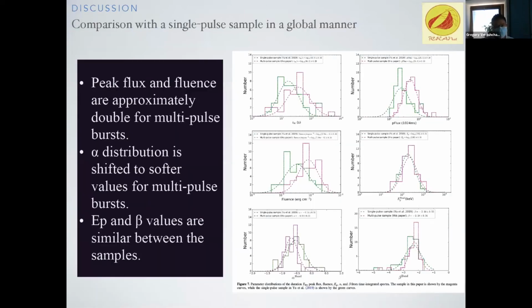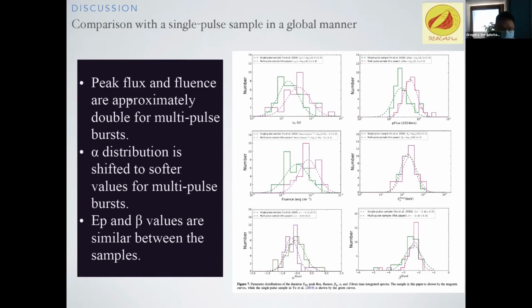So there is a quite interesting question: how do multiple pulse bursts compare to our result with the single pulse bursts? We therefore compare our result with the single pulse bursts studied in Davis 2008.